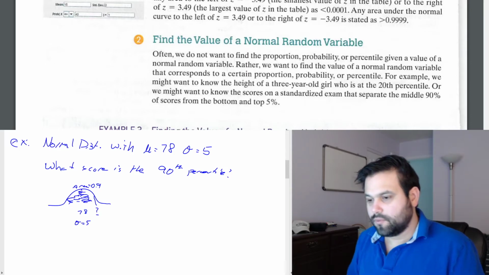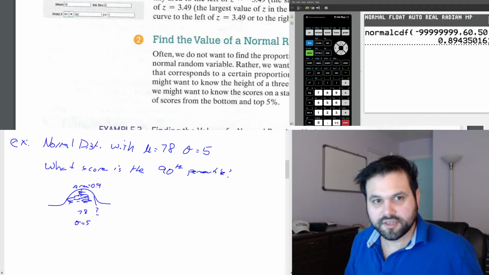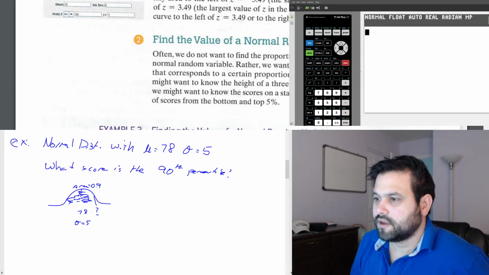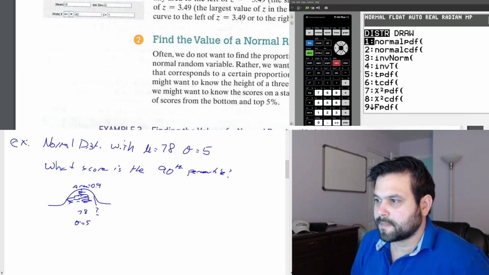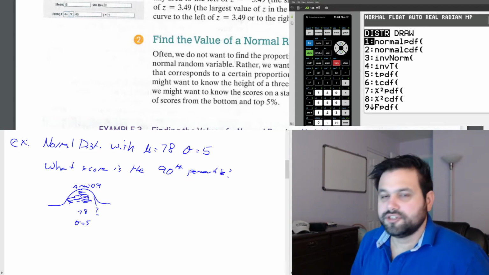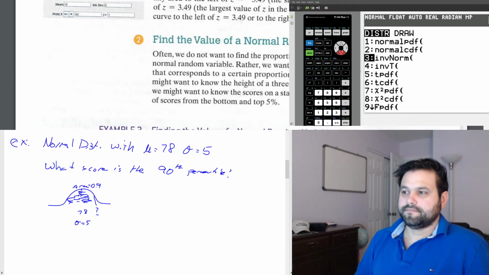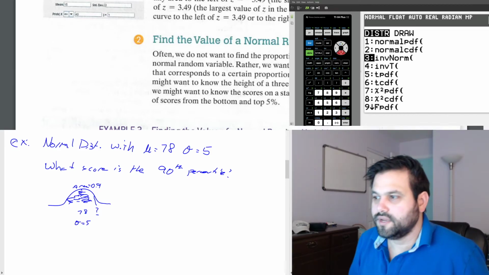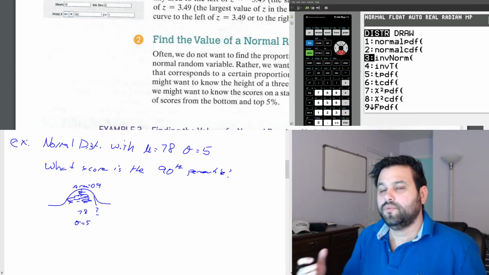To do that, we're going to go back to our calculators and again go to the distributions, so second vars, the distributions, and this time we're going to do the inverse norm because we're kind of working backwards, right? So we have the percentage, we need to find the score.